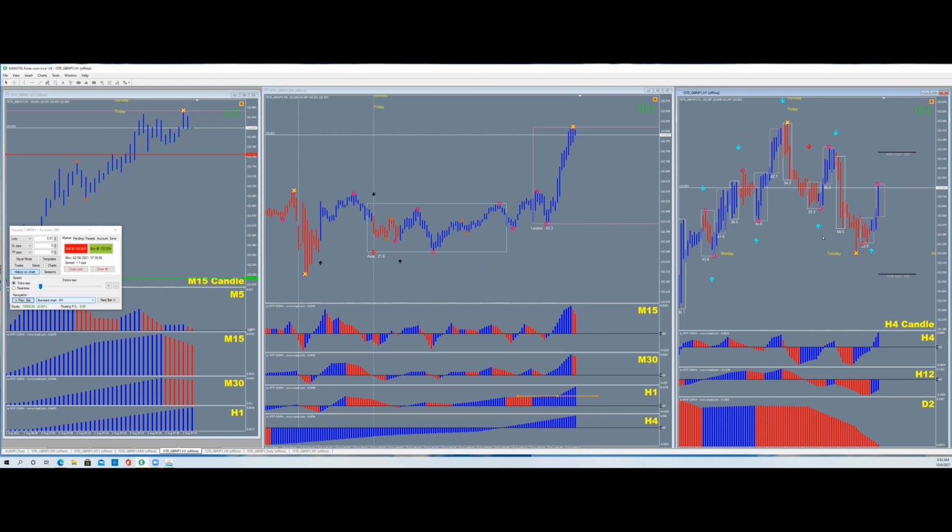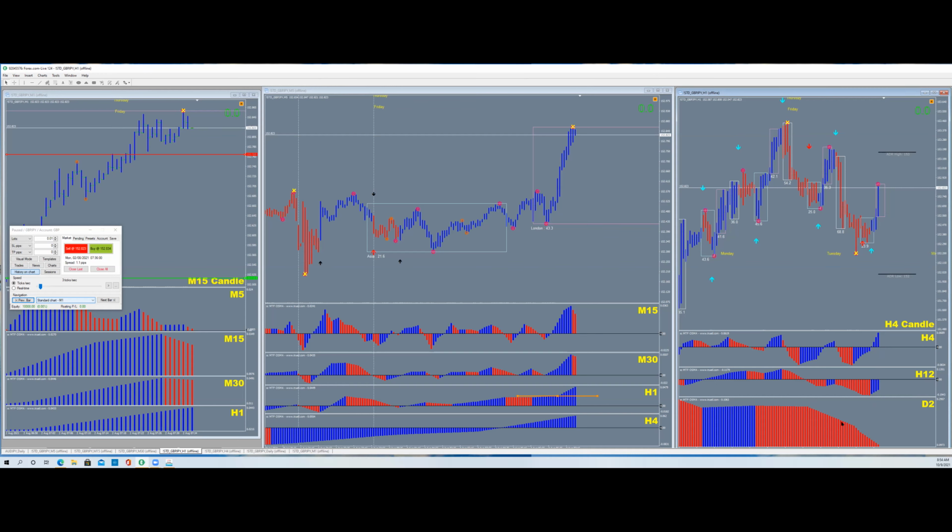Yeah, you look at the D2, the D2 is red and pointing down. So you know you're trading against the long term anyway. Correct. So short term, we're only looking for long, because that's where we are.